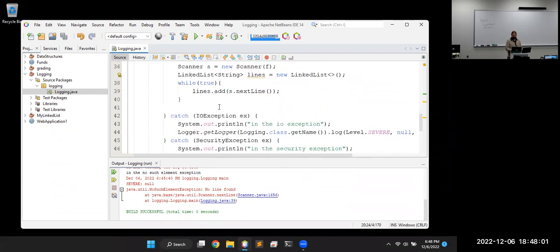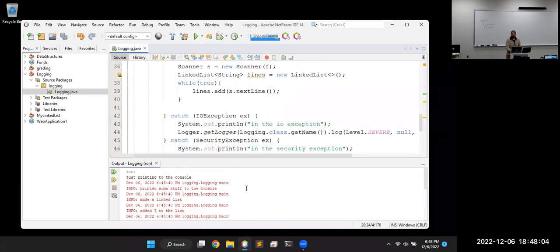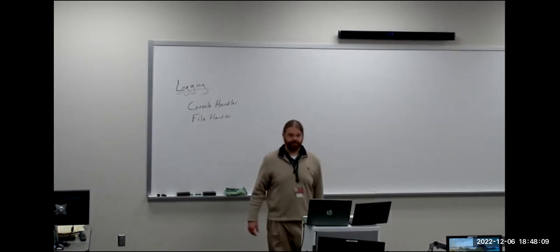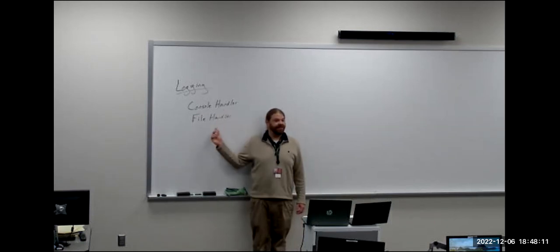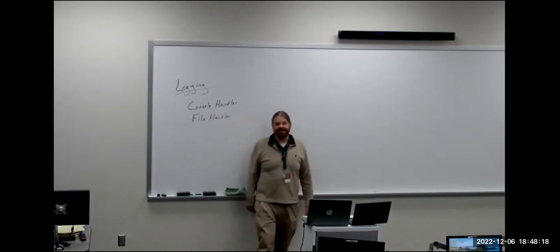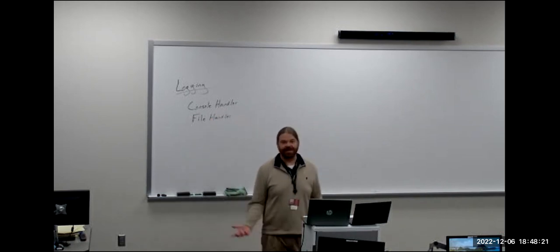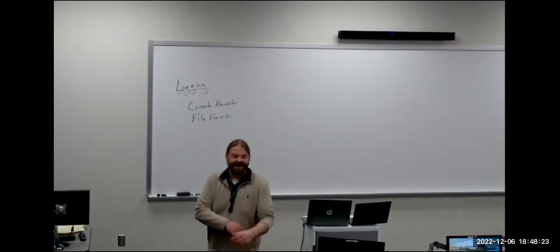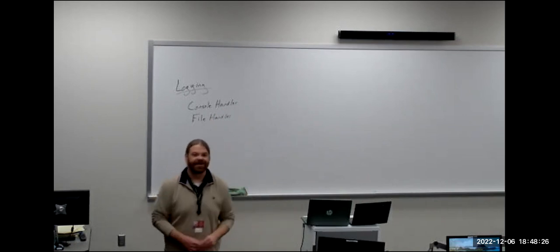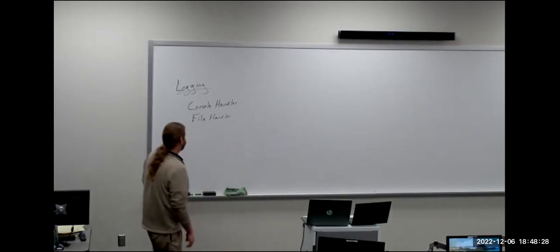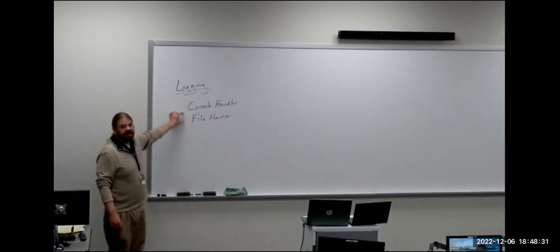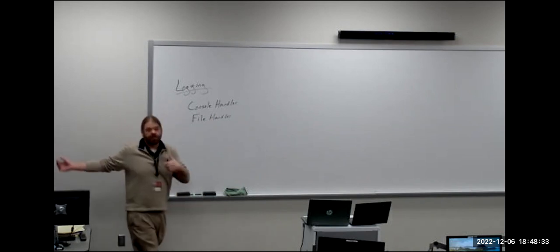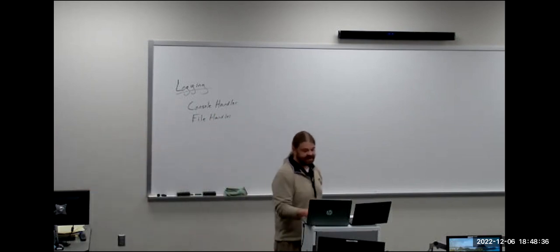And I put 2 words on the board earlier: a console handler and file handler. We only use this one, but this one just showed up, right? So I only use the file handler. We can explicitly do that, but the console handler shows up on its own. Or at least tags along with the file handler. If we don't say anything, it goes to the console, and the file handler sends it somewhere else as well. So it's not an instead option.